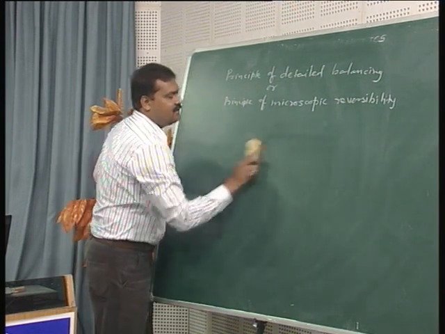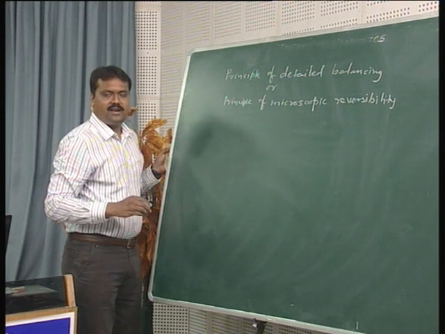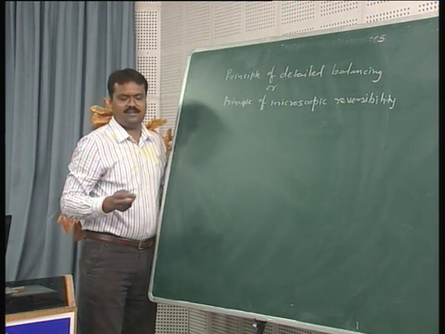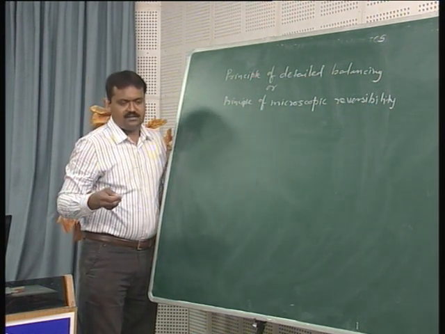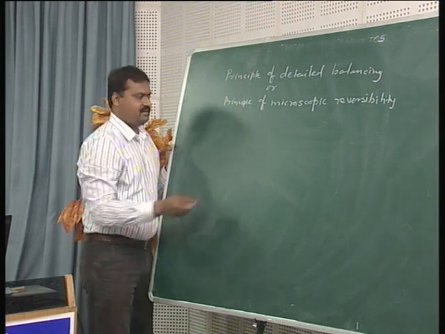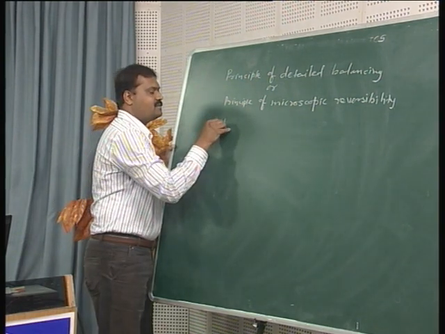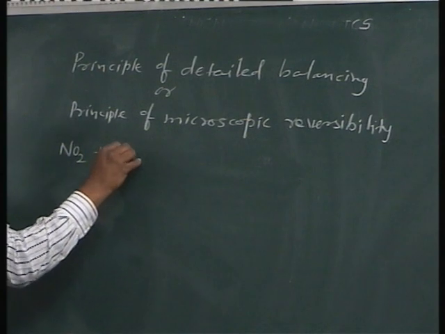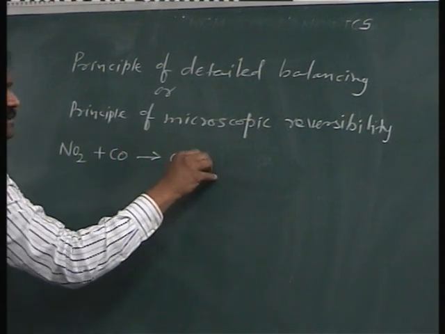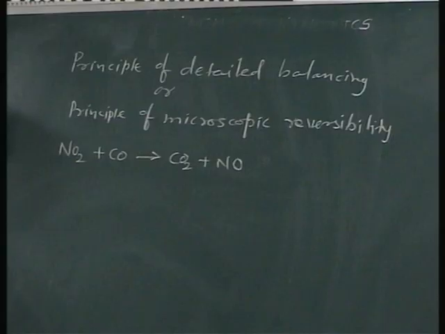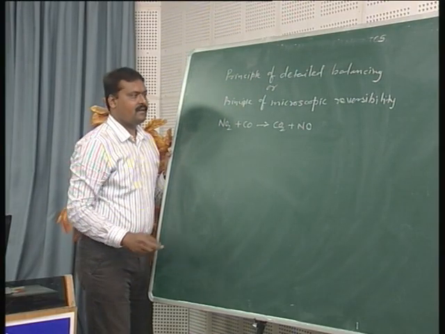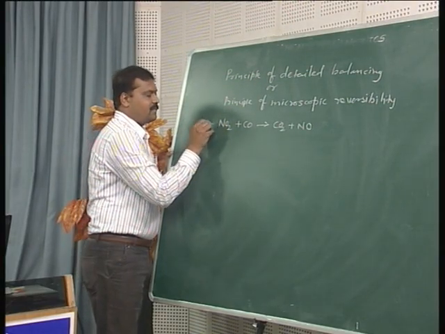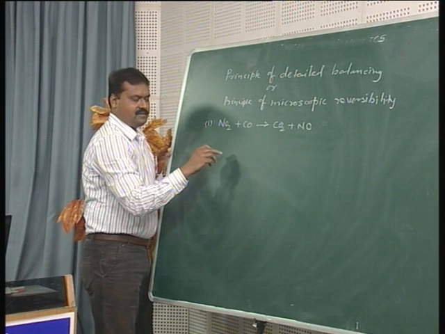First we'll take the example in which the reaction proceeds in one step, that is, the reaction which is called an elementary reaction. For example, the reaction is NO2 plus CO to give CO2 plus NO. This is a one step reaction, the elementary reaction. We can consider the reverse of this reaction.